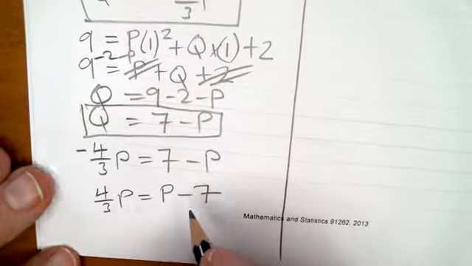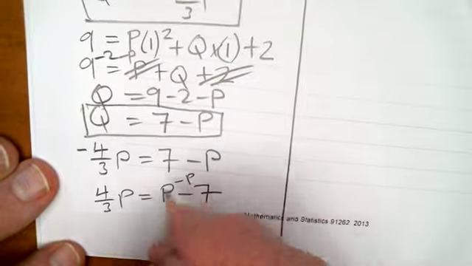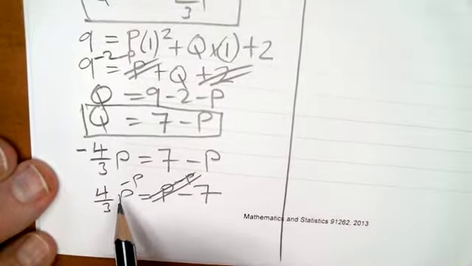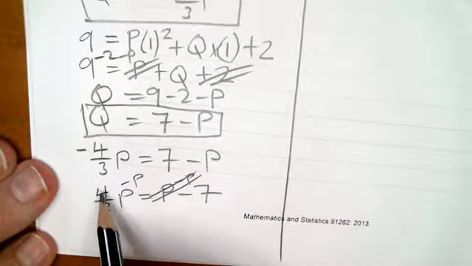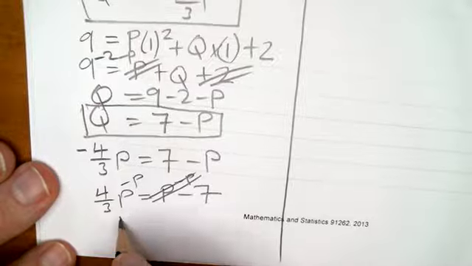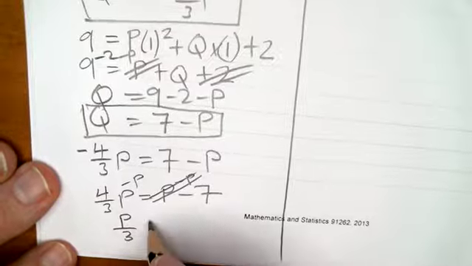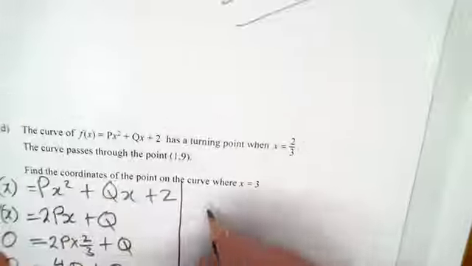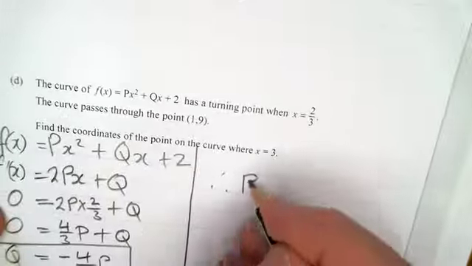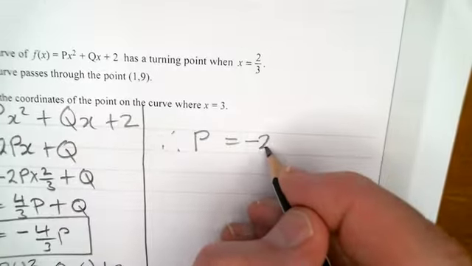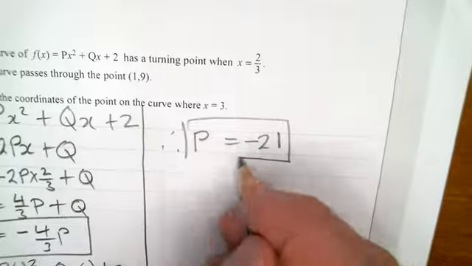If I subtract a p from both sides, 3/3 p minus 4/3 p is just 1/3 p. So 1/3 p is equal to negative 7. Therefore, if I multiply both sides by 3, p is equal to negative 21. So there's my p value.